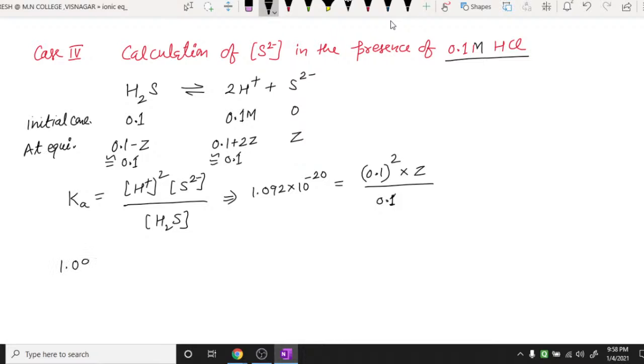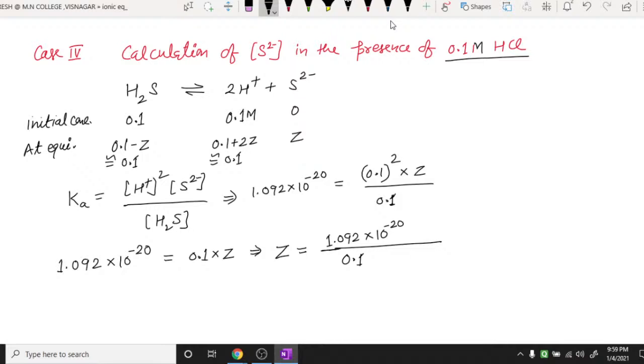So it becomes 1.092 into 10 raised power minus 20 equal to 0.1 into Z. That implies Z is equal to 1.092 into 10 raised power minus 20 divided by 0.1.